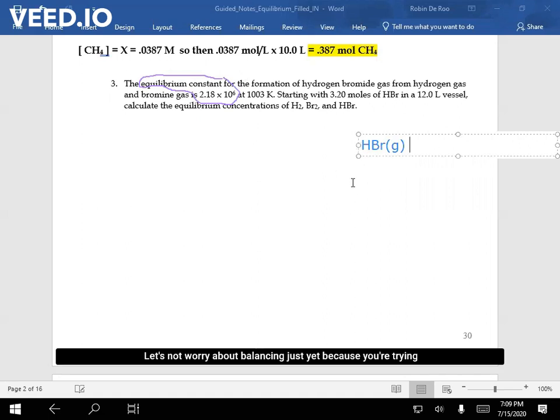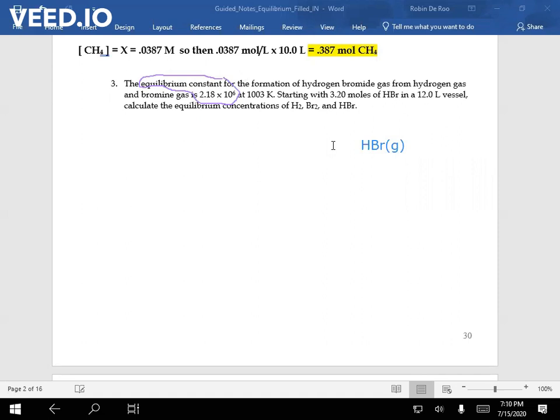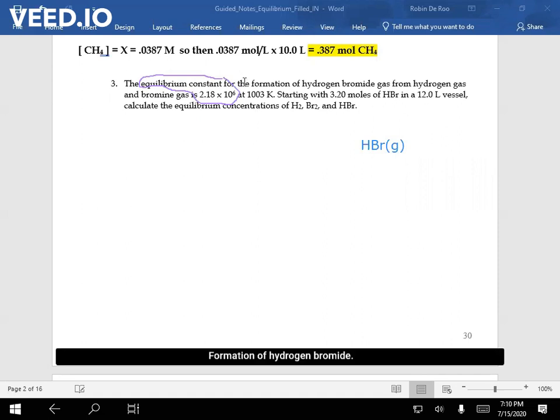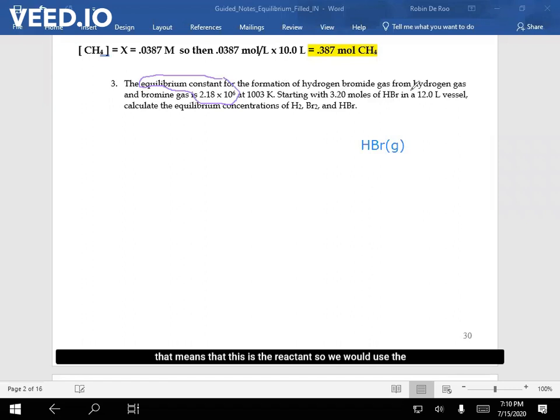Let's not worry about balancing just yet because we're trying to figure out what's going on here. Formation of hydrogen bromide, okay, that's our product.